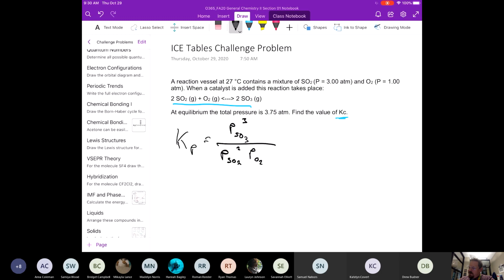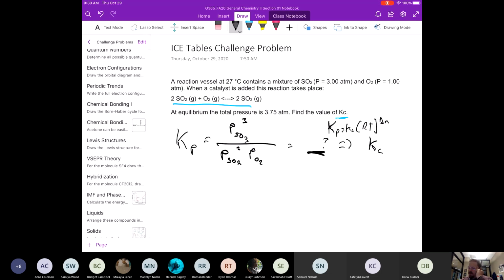Eventually we want to calculate this value, because if we get it, we can calculate Kc. Kc and Kp are related, and we have an equation for this: Kp is equal to Kc times (RT) to the change in n. So if we can calculate Kp, we can then calculate Kc.